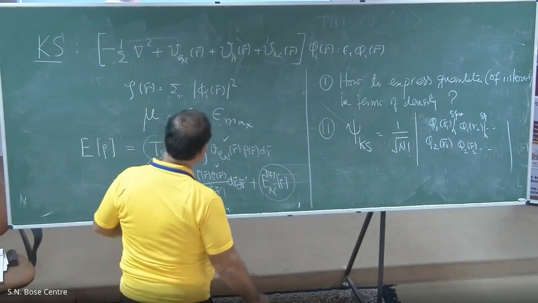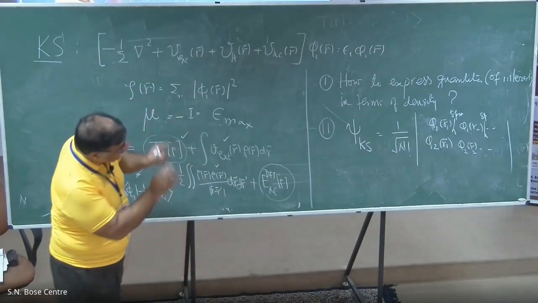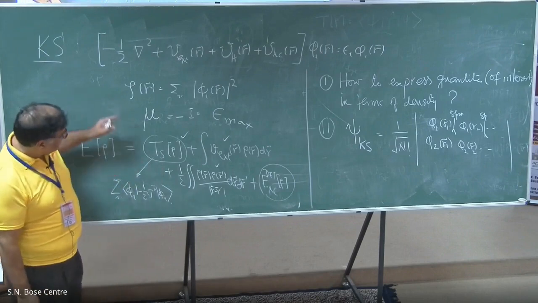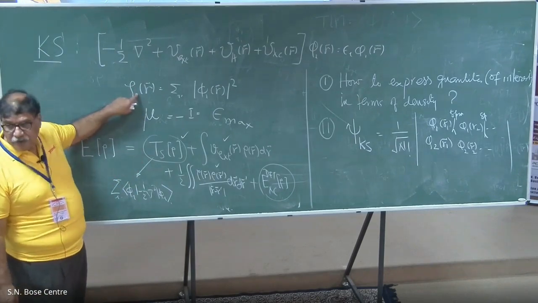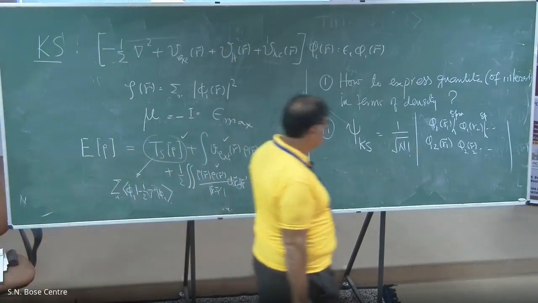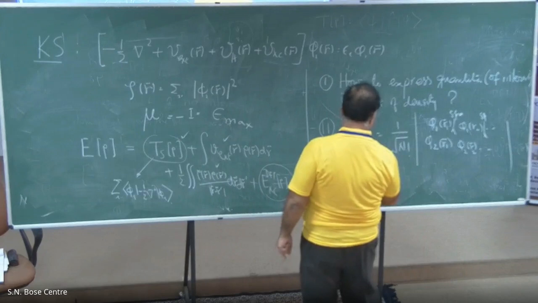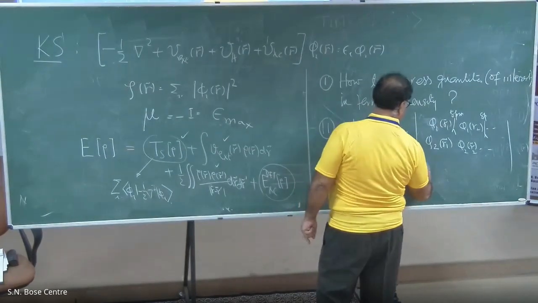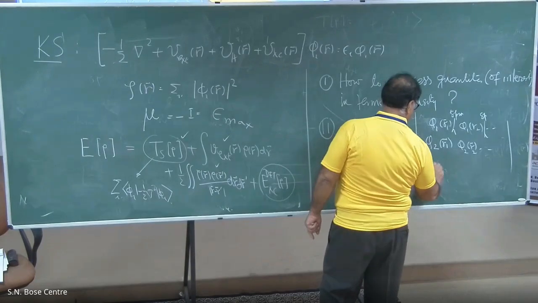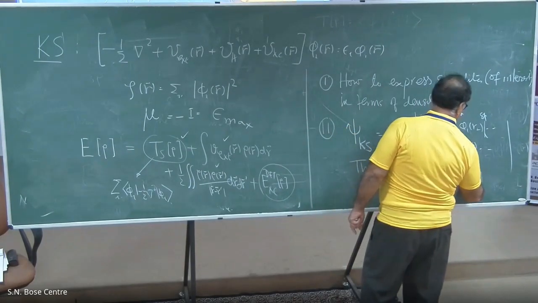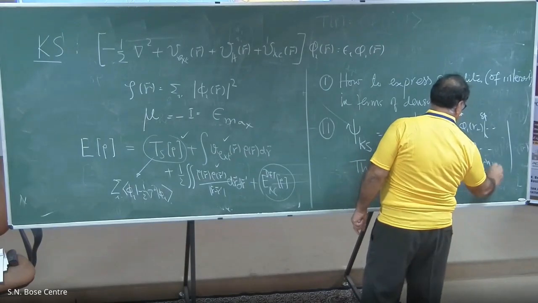So the only significance of Kohn-Sham, if you compare the right side to this side, is that in Kohn-Sham you get this, nothing else. So this is not the true system wave function.